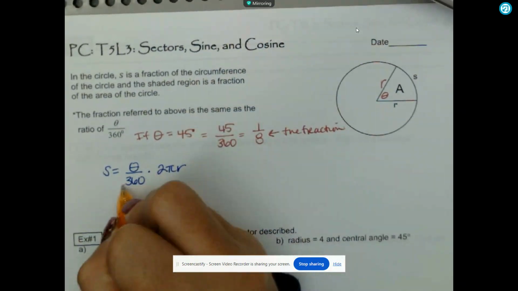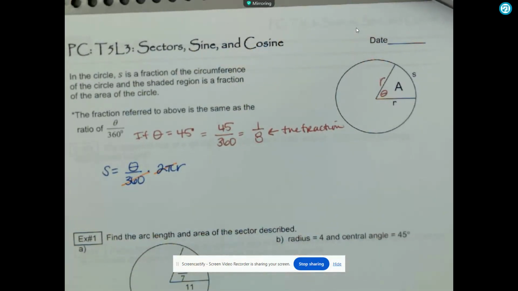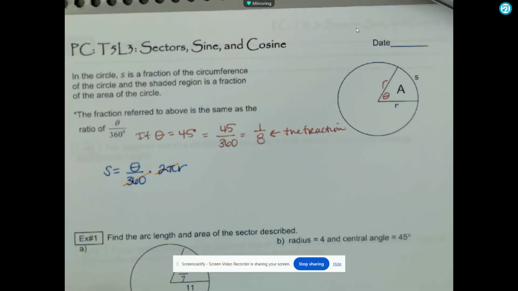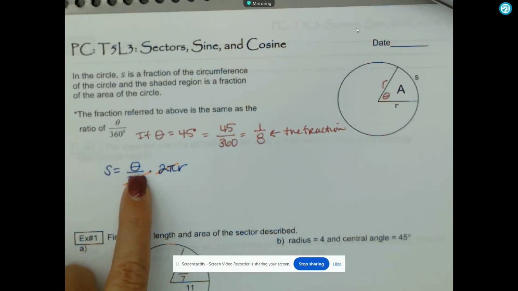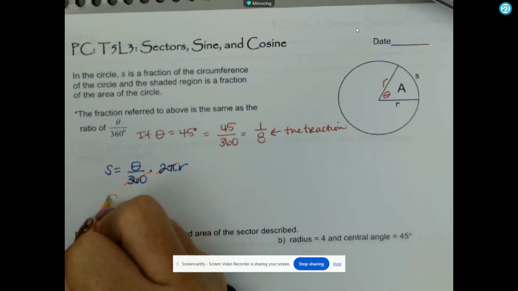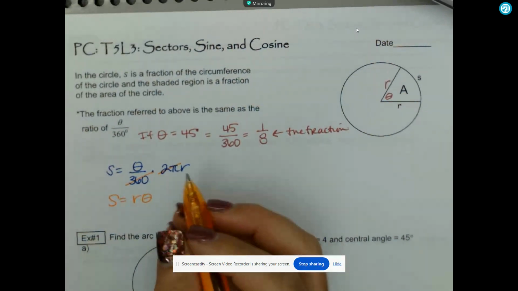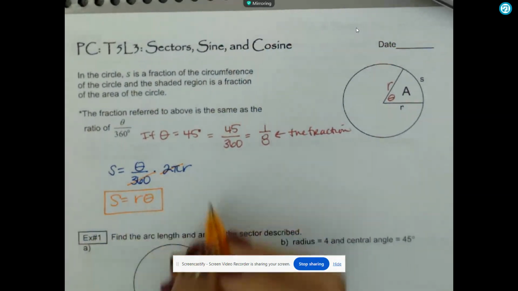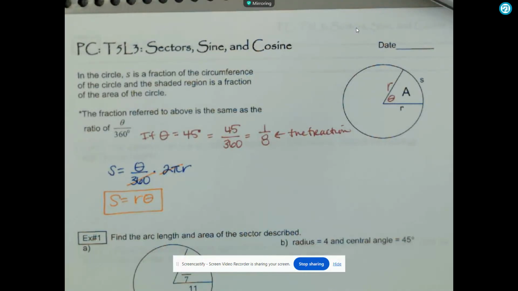So technically we can cancel those out. What are we left with here? Theta and radius. So your formula for arc length is S equals R theta. That is going to be our formula to find arc length, R being the radius and theta being our angle. Now that angle is going to be in radians. We will always use radians for this.